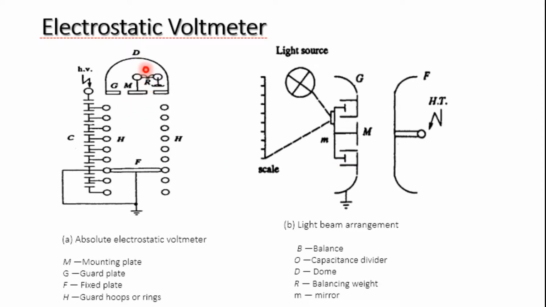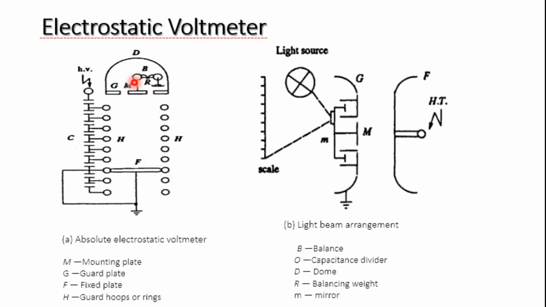The moving disc M, you can see here, forms the core of the guard ring G, which is of the same diameter as the fixed plate F. So the diameter of G and F remains the same. The cap D encloses a sensitive balance B. Okay, so this is the balancing weight.